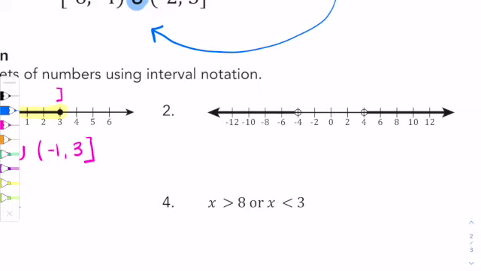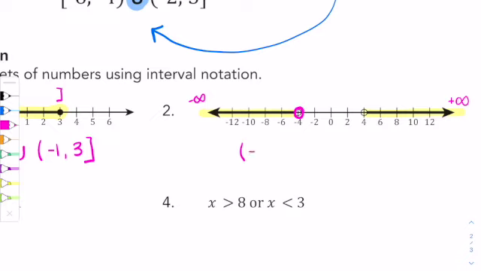Number 2 appears to have 2 infinite intervals, one heading towards negative infinity, one heading towards positive infinity. This interval here heads from negative infinity to -4 with an open circle.